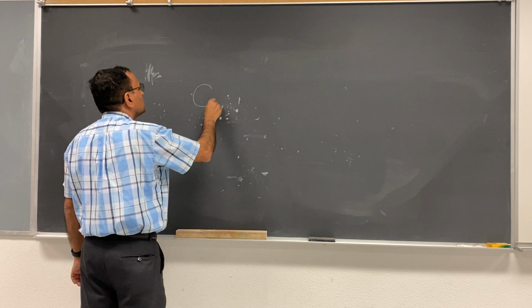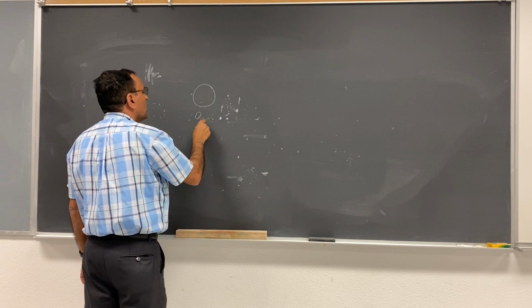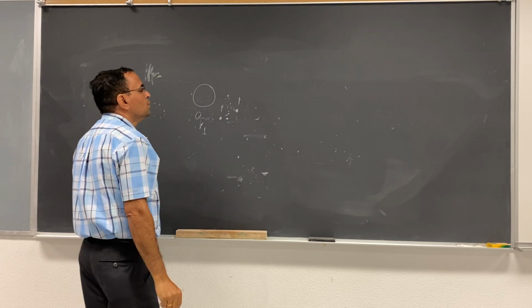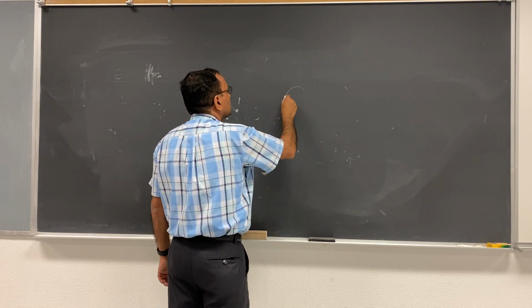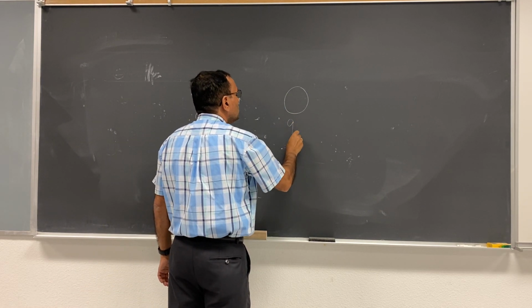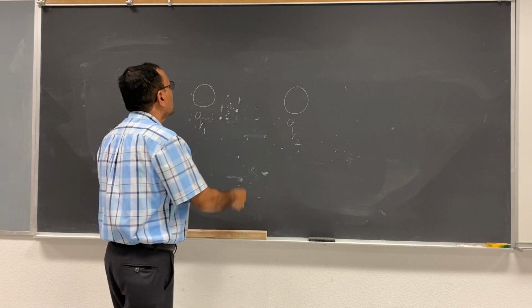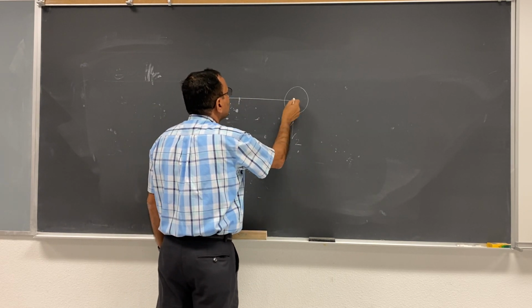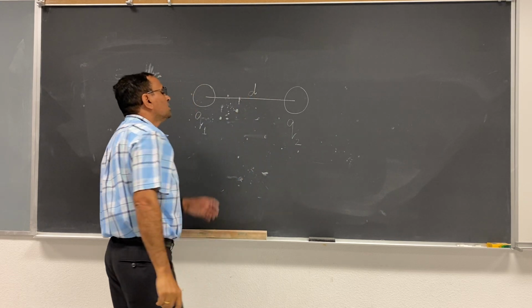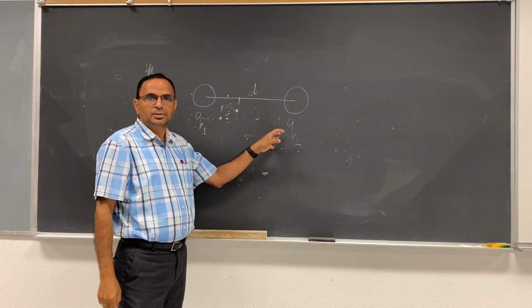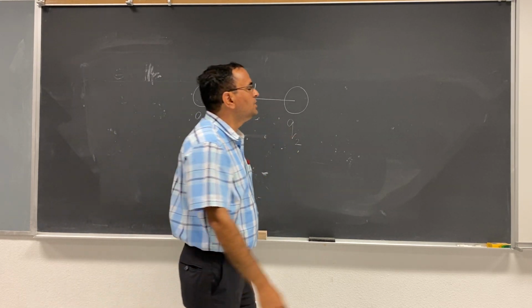Let us suppose this is one charged particle Q1, and there is another charged particle Q2. They are at a certain distance d. In mechanics, you did this.